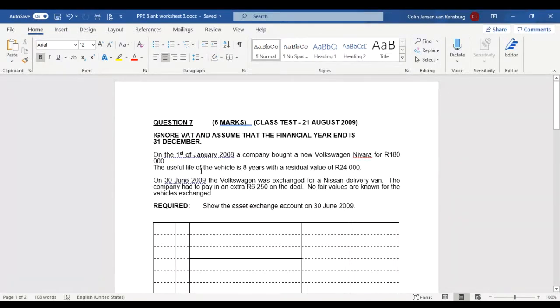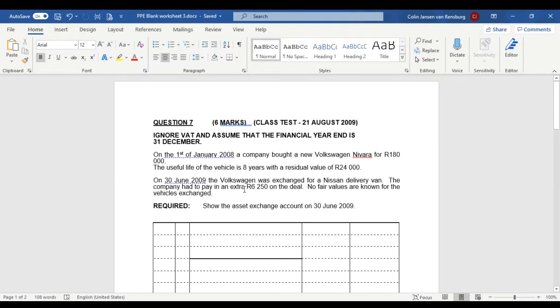The useful life of the vehicle is 8 years with a residual value of 24,000 rands. Then they say on the 30th of June 2009, the Volkswagen was exchanged for a Nissan delivery van. So we are going to use the Volkswagen Navara that we already own as full or partial payment of acquiring the Nissan delivery van.